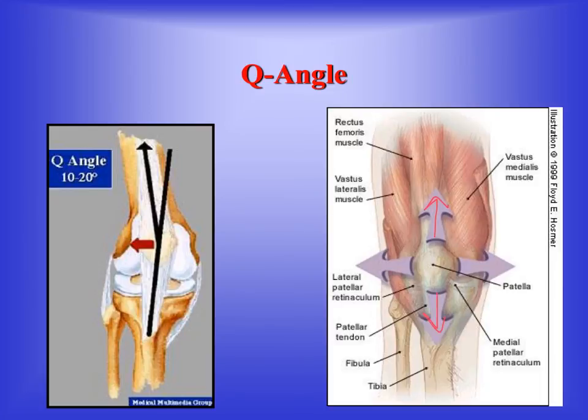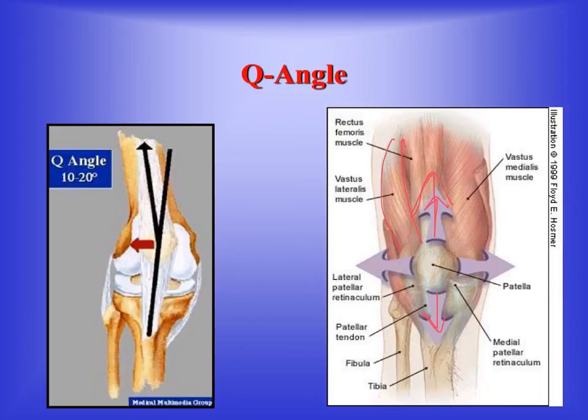Basically, it tells us whether or not the patella itself is aligned within the knee joint. If that angle is increased, it means you have increased pull of the quadriceps muscle, and if that vastus lateralis muscle becomes too tight, then you can get patellar subluxation.